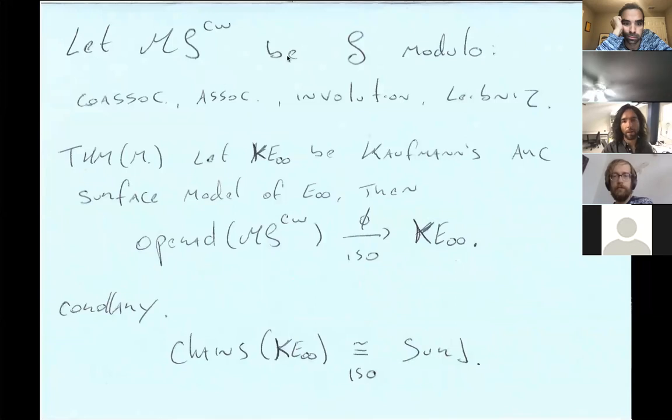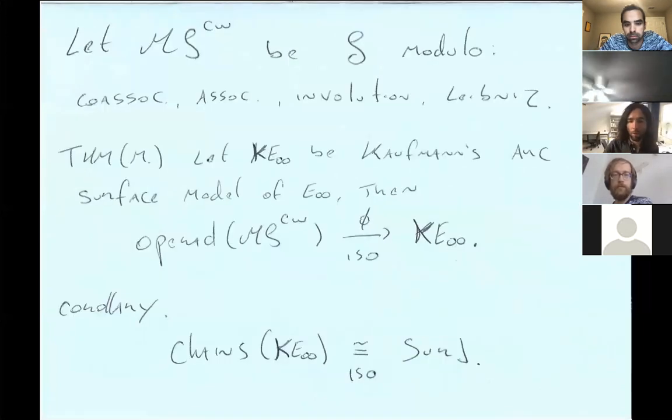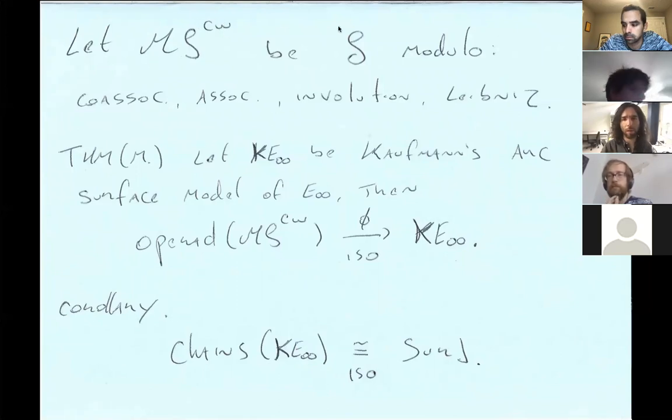So again, to make the connection, and I should say, this will be a model for E infinity because I haven't done anything, I can just push forward the composition structures. But to make the connection with earlier work, I'm going to again mod out by certain relations, co-associative, associative, involution, and Leibniz again, and the result is a cellular prop, I'm going to call it MS with the CW on top, and I noticed that I forgot to put the CW here in S.